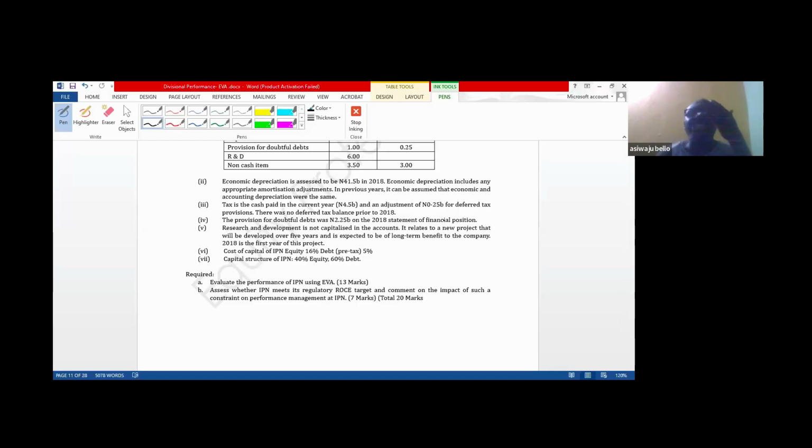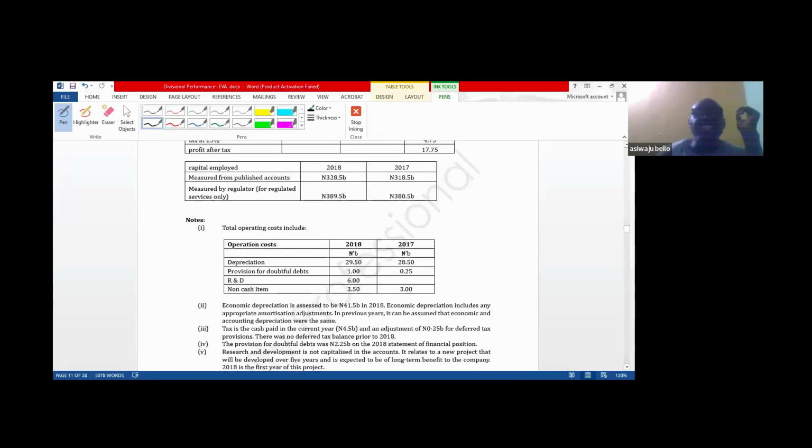Now your net operating profit. So we are still coming back to it. We have picked 1 billion because this is the one that affected our operating profits. So you must know the items that will affect your profits and the items that will affect your capital employed.